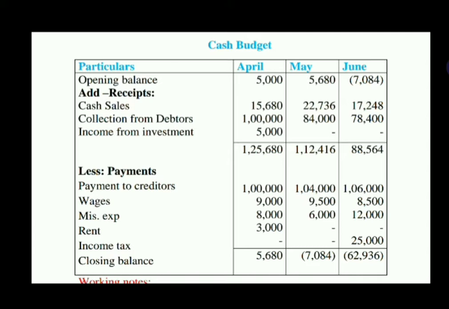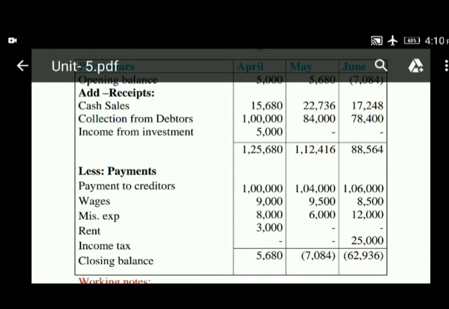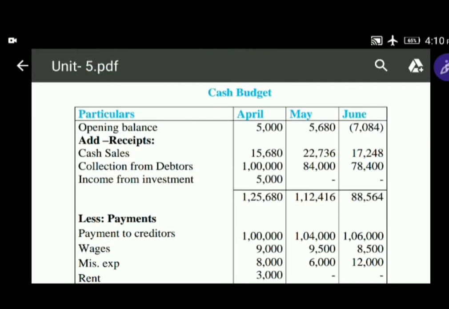Okay, so here let us come to the point. Opening balance ₹5,000, which was given in the problem. And next we need to add all the receipts, and we need to deduct all the payments.